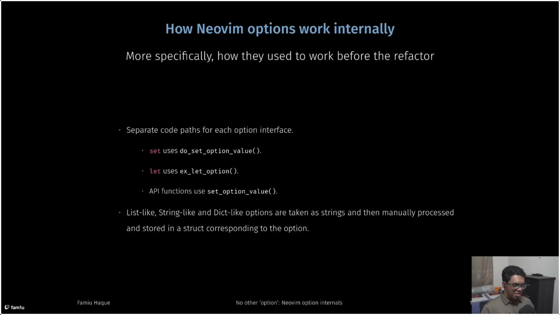API functions use set option value. Now you will notice these two are almost the same names. Almost. So we have two functions that set an option value. One is called set option value, one is called do set option value. Why?